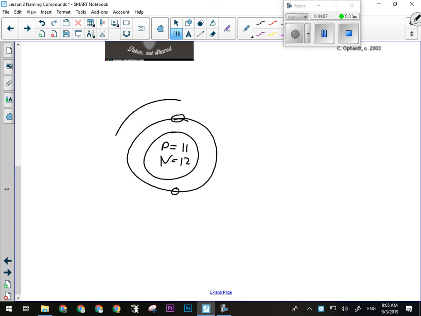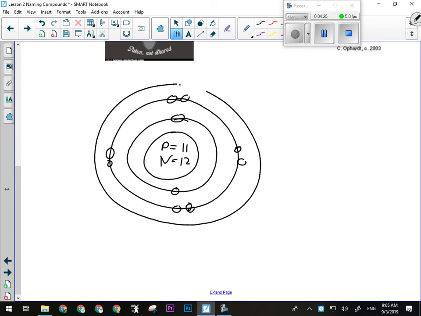And the next orbital can hold 8. Okay, and he's also kind of right, kind of wrong about where these go, but it's not really important. Okay, now we're up to 10 electrons. How many are there? 11. Okay. So this last orbital that can hold 8 electrons only has 1 in it.